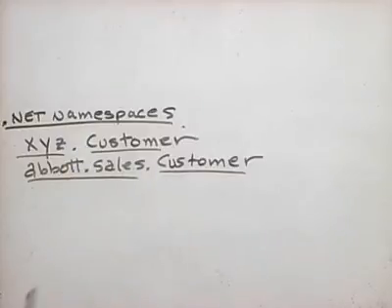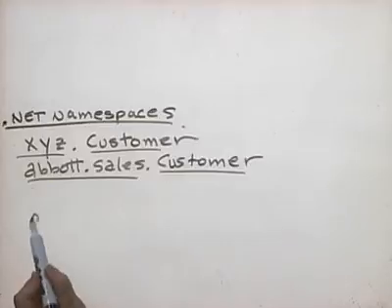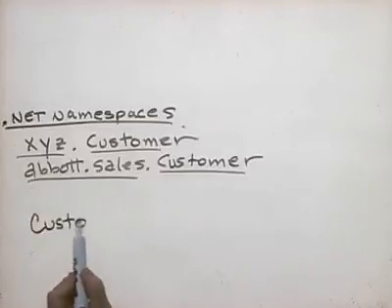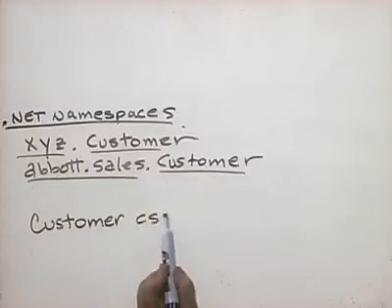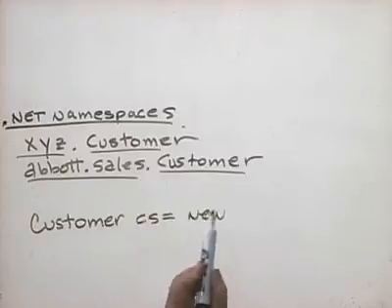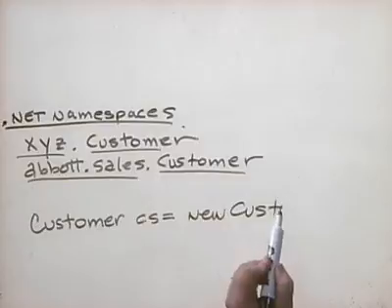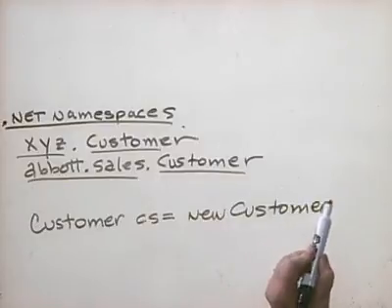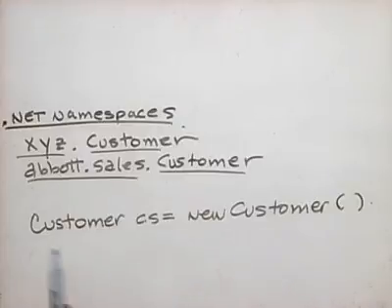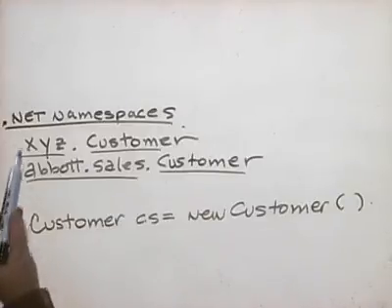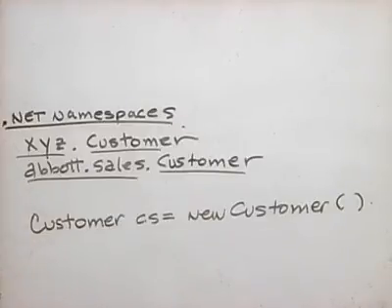Well, imagine if one application was using both of these classes, and so they expressed the class this way. The compiler really wouldn't know which class you're talking about. Are you talking about the customer class from this namespace or the customer class from that namespace? So this would be ambiguous.